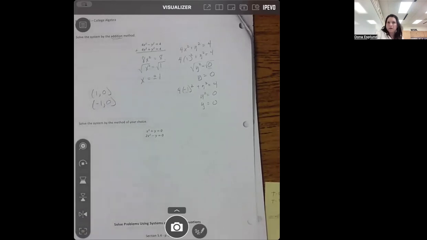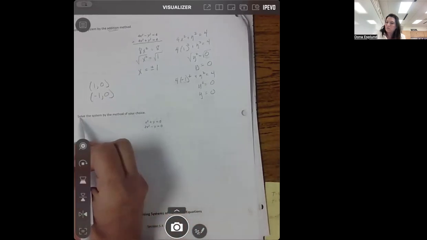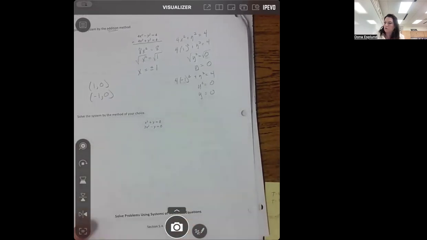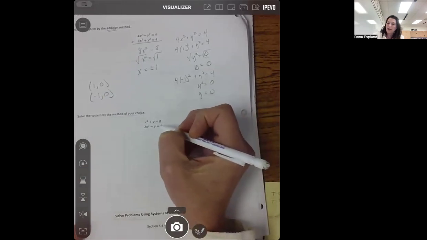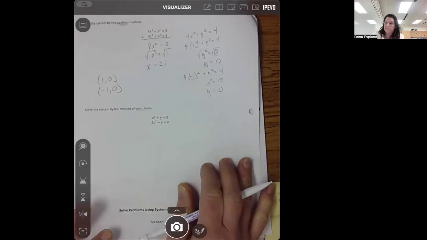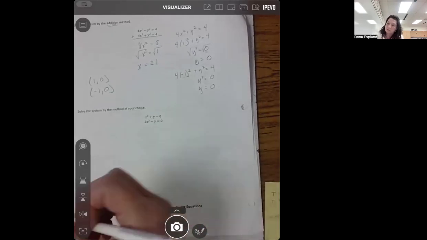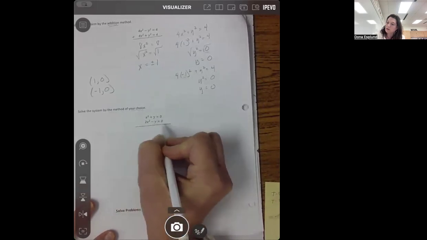This one was 0, and we're going to solve it algebraically. So again, solve the system by any method of your choice. Now, in this case, if you notice, I can add and use elimination because my y's will cancel out pretty darn easily. I could also solve for one and substitute it back in. So if I do that, let me go ahead and just add these equations.